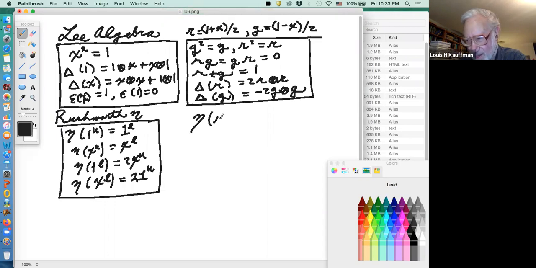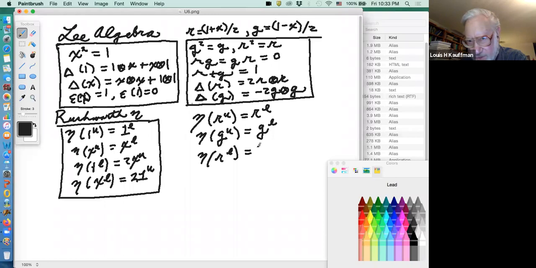So I claim that eta of RU is equal to RL, that eta of GU is equal to GL, and that eta of RL is equal to 2RU, and that eta of GL is equal to minus 2GU.